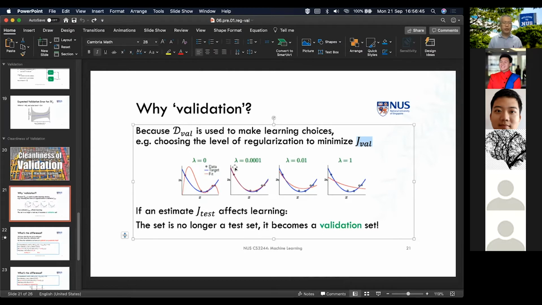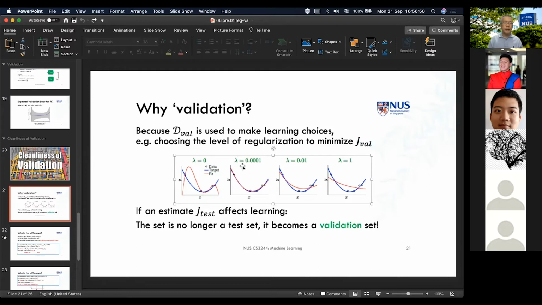Out of these pictures, it's clear that a lambda of 0.00001 is the best, because the red and the blue curves look right on top of each other. But we made that choice based on how well the classifier performed on our validation data set.